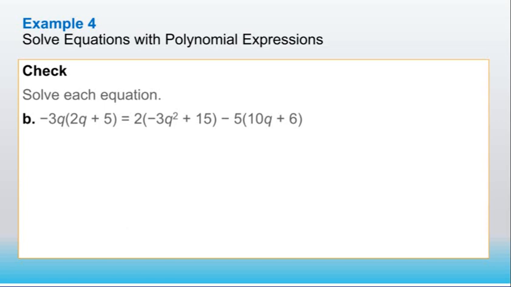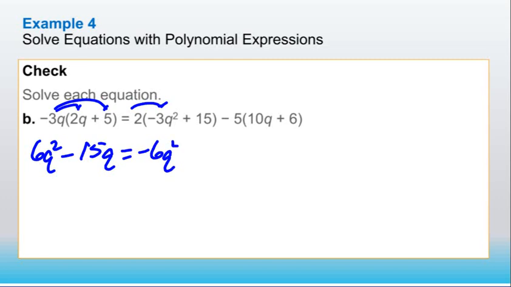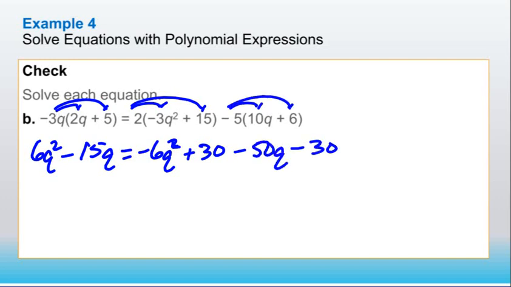And our last question, distribute. That gives us 6q squared minus 15q equaling negative 6q squared plus 30 minus 50q minus 30. Combine like terms on each side. This stays the same as 6q squared minus 15q equaling negative 6q squared.